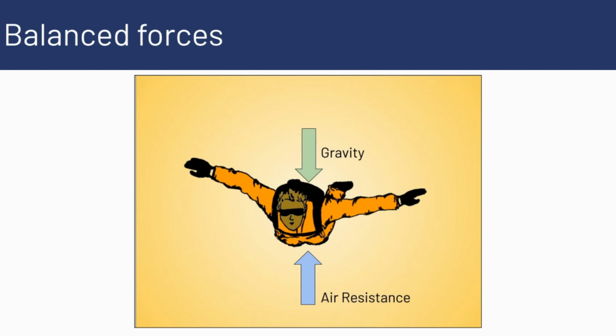In the second diagram, looking at the skydiver, here we've reached a state called terminal velocity. In this case, our gravity is now balanced by our air resistance. So the skydiver is falling as fast as they can fall because gravity and air resistance are now balanced with each other. So we have balanced forces here, and we've reached a constant velocity.